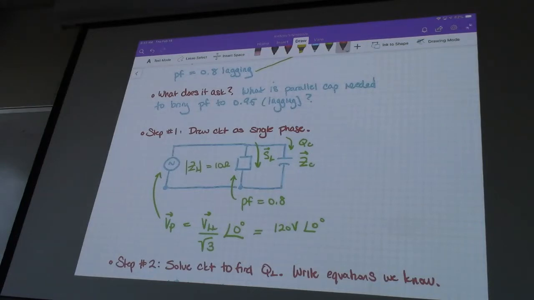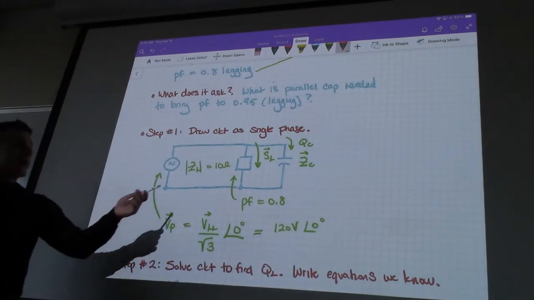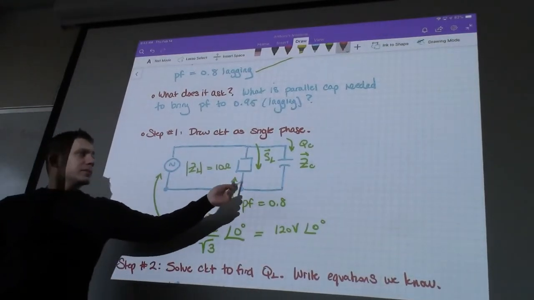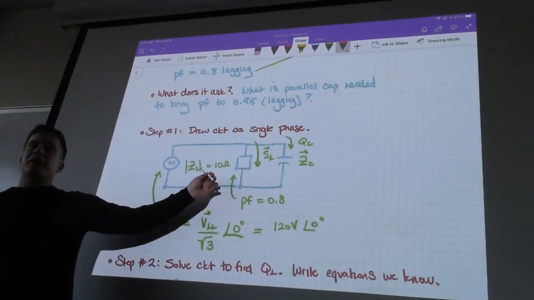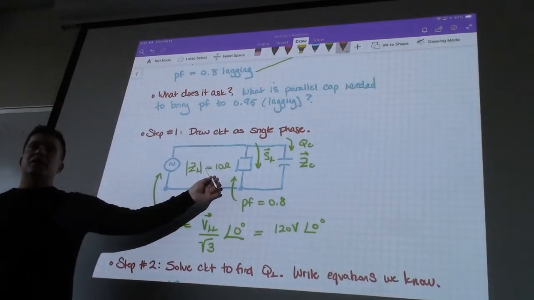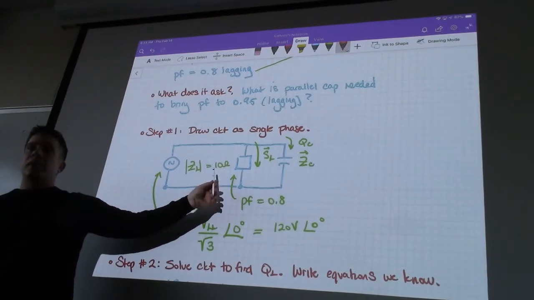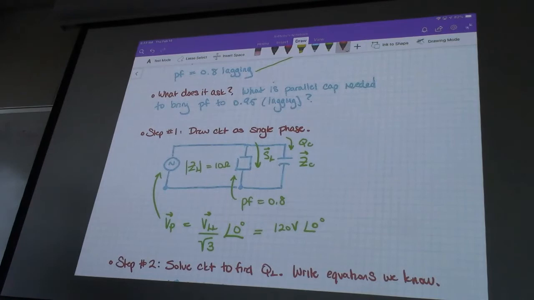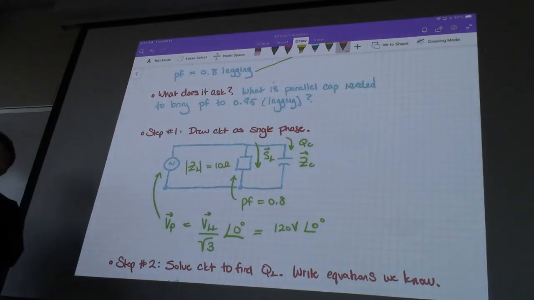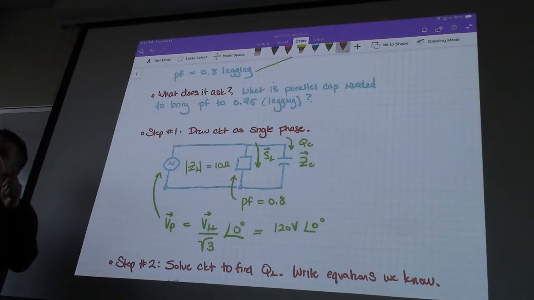When we perform the power factor correction, the load is going to be both of these together. So this value here, the 10 ohms, is no longer going to be applicable. The magnitude is going to get potentially larger. Well, actually, sorry, it'll be smaller.